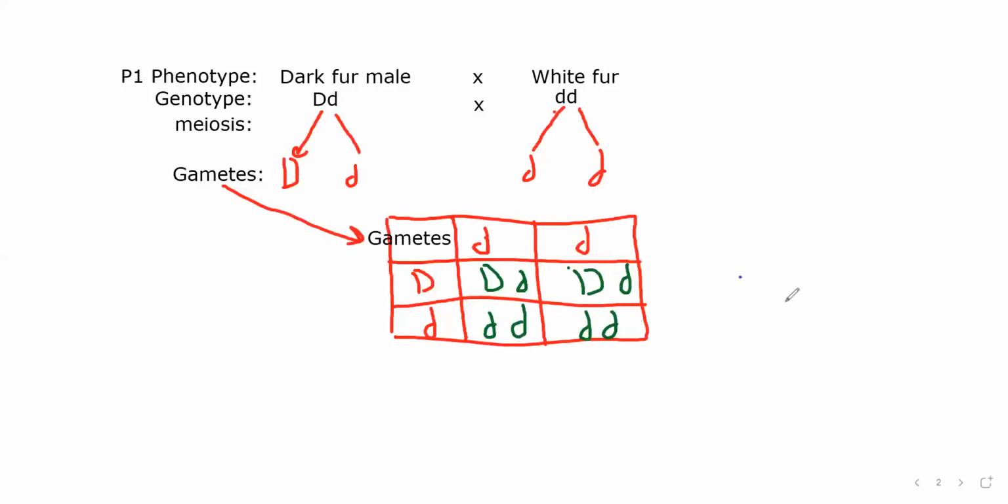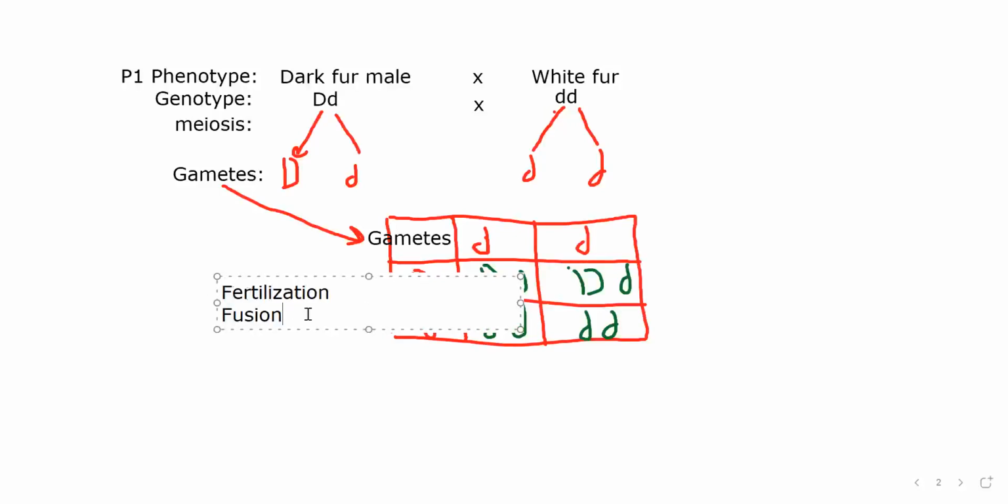Now, what process is taking place here? The process that is taking place at this point is fertilization. So we're going to write here fertilization. And please don't write fusion. Fusion is not correct.